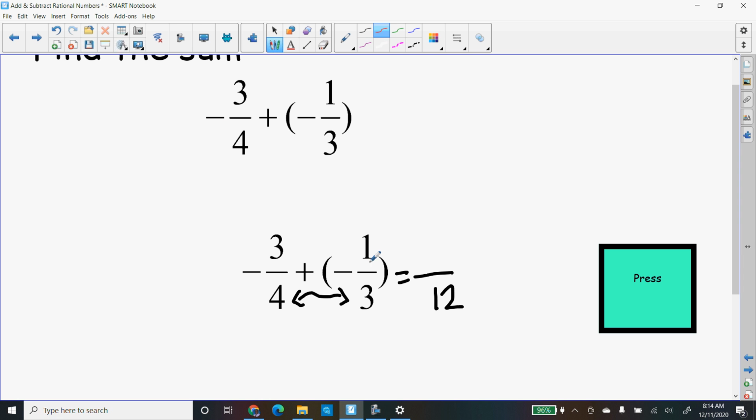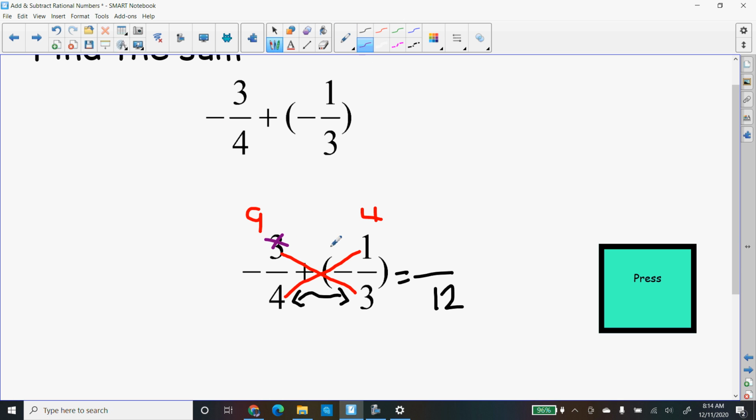Now I mentioned now you got to do cross multiply. So I'm going to ignore the negative signs right now. So I'm just going to multiply 3 times 3, and that'll give me 9. Then I'm going to cross multiply 4 times 1, and that'll give me 4. So these numerators that I have here, I'm not going to use them anymore.